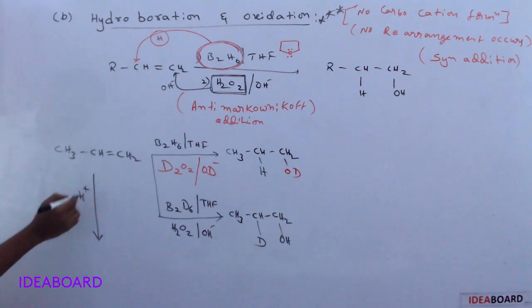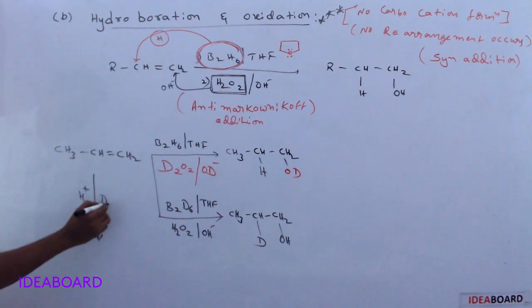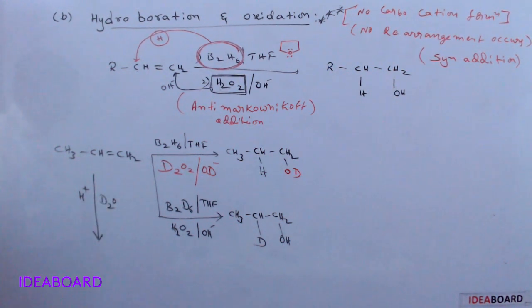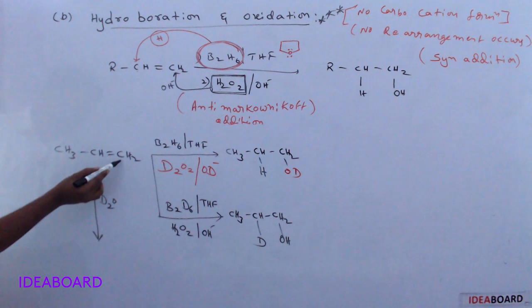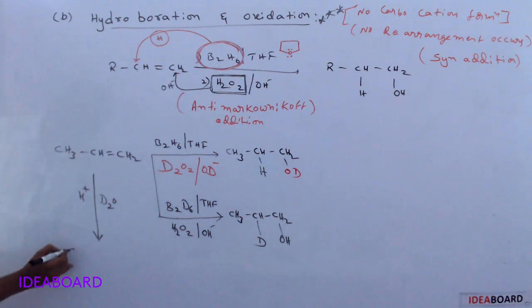Suppose to this molecule, H plus and D2O are added. Tell me the product. It is acid catalyzed hydration now. First, what did we add? H plus. H plus is added to the carbon containing more hydrogens.